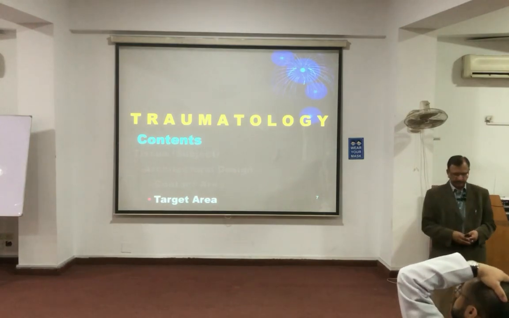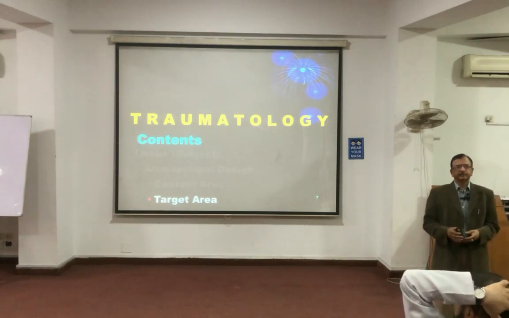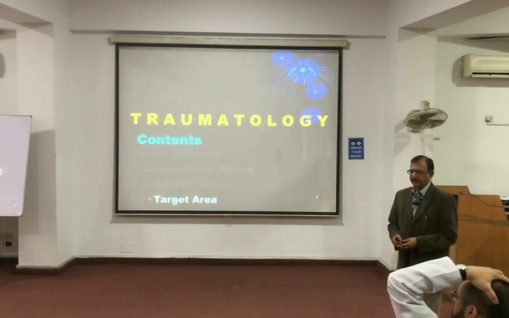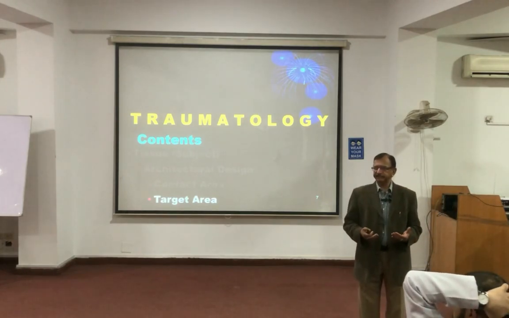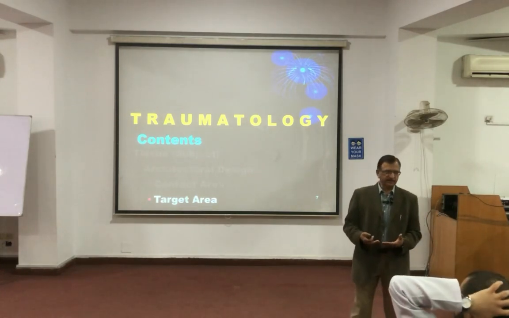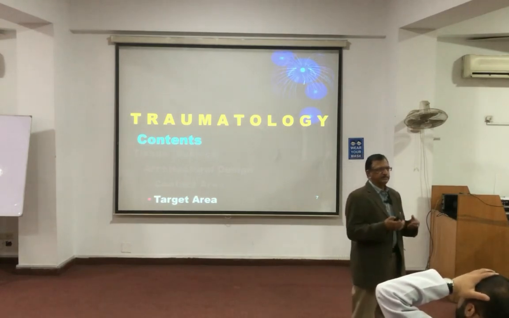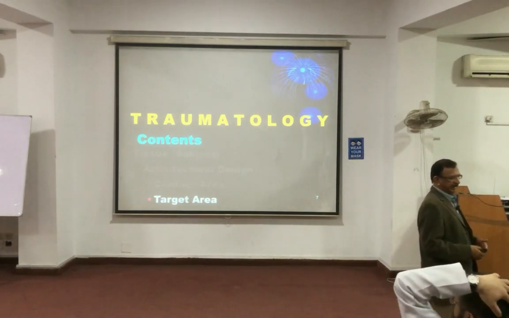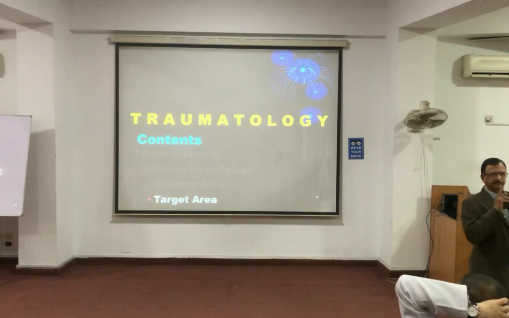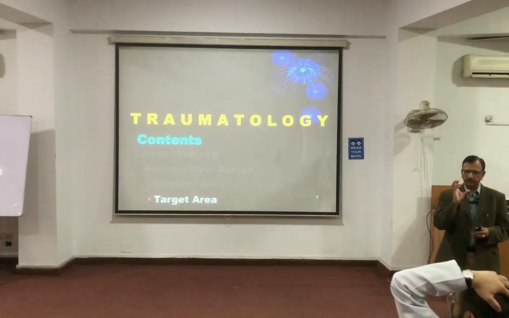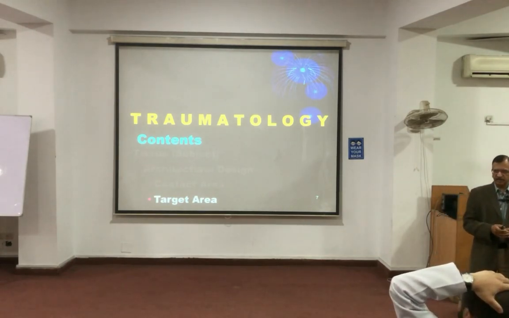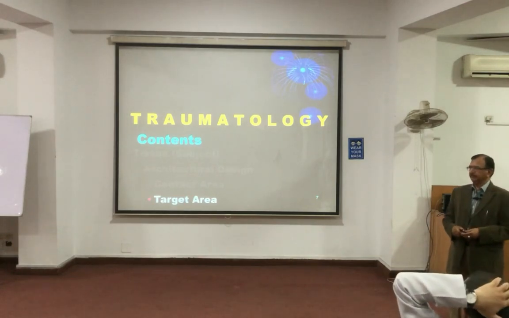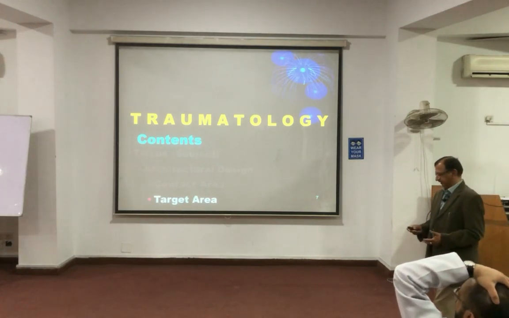For example, when a person is falling from height and landing on the feet, the contact areas are feet, but the force is being transmitted through the legs, through the vertebral column to the base of the skull, and there will be annular fracture at the base of the skull. So the target area will be different than the contact area.